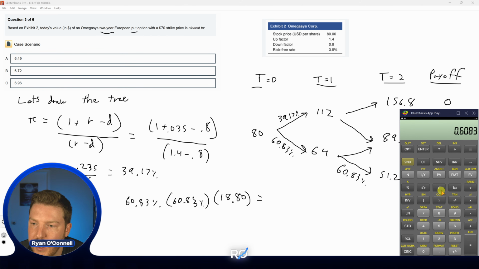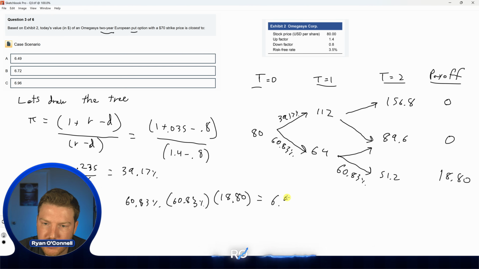So we can square that and multiply by the 18.8, and that's going to give us 6.96. So that's our expected future value of this put option, but that's 2 years in the future.